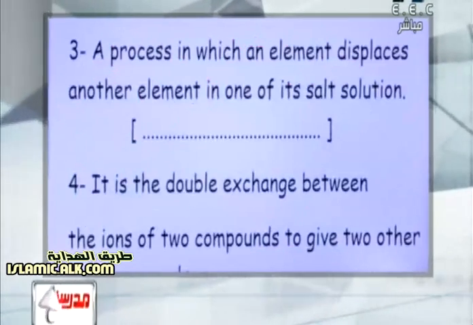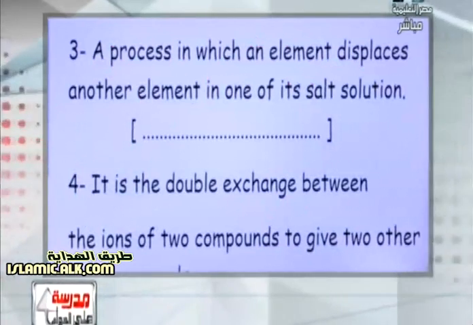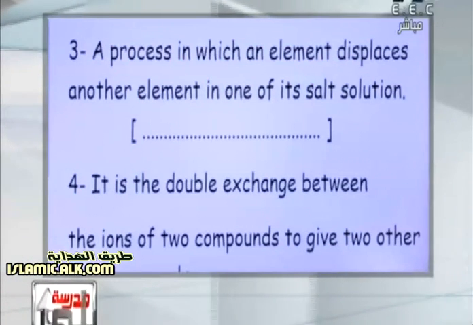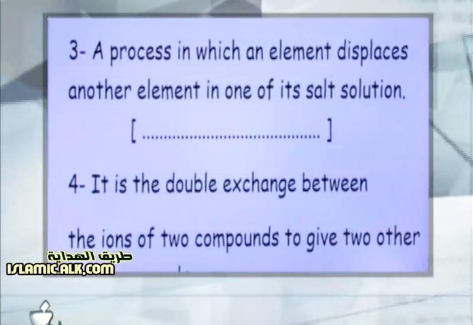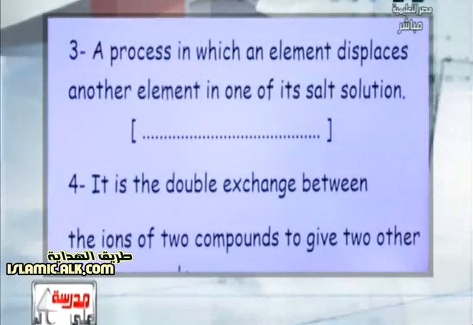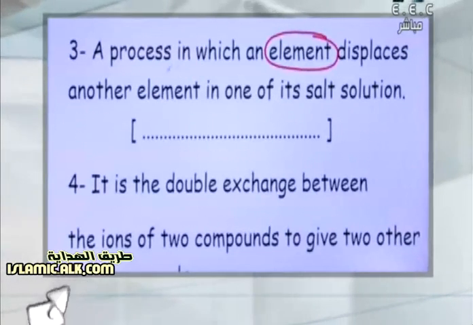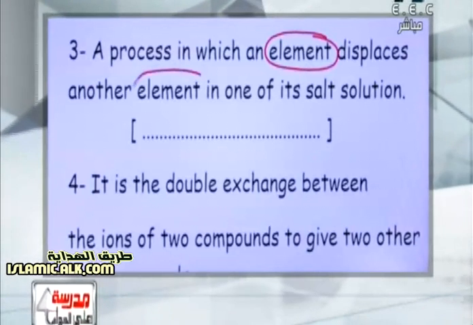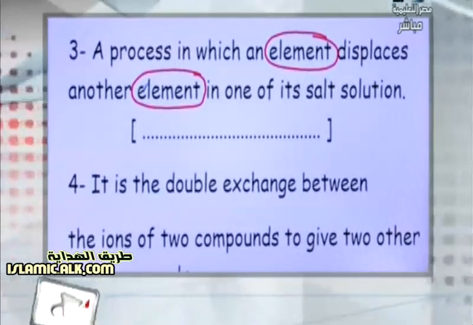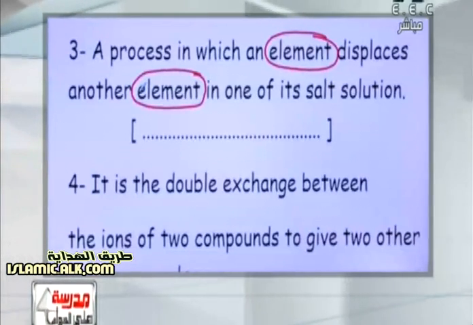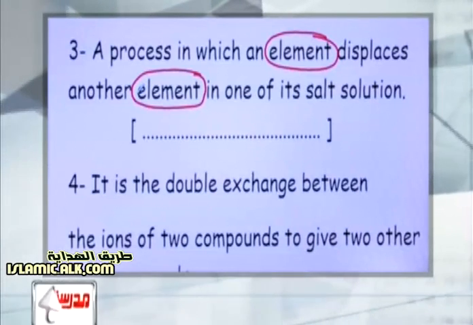Okay, here we have a scientific term or another scientific term, a process in which an element displace يعني replace another element in one of its salt solution. We talk about what? We talk about element replaces another element. Here we have element replaces or displace another element. So we talk about substitution reaction, but we have two types of substitution reactions as we have simple substitution reaction and double substitution reaction.